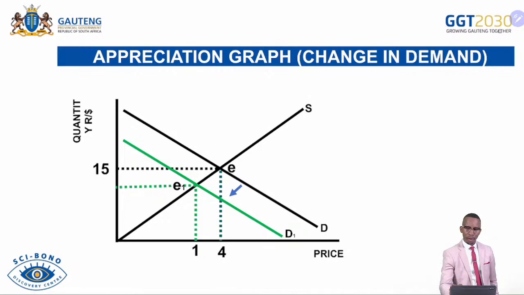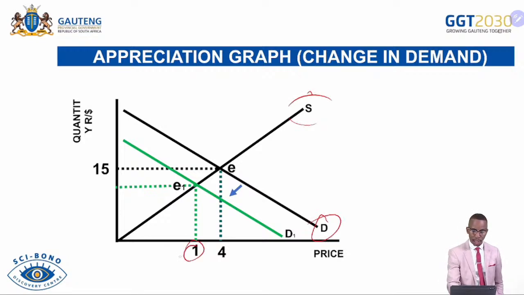So, originally, we have supply, we have demand. The demand for rand declines in the global market. It declines to 1 unit. So, meaning they are only demanding 1 unit of rands. And then how much are they willing to pay? They are willing to pay 12 rands. And then, the supply remains high in this case.